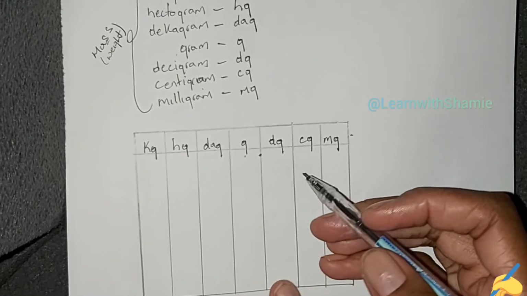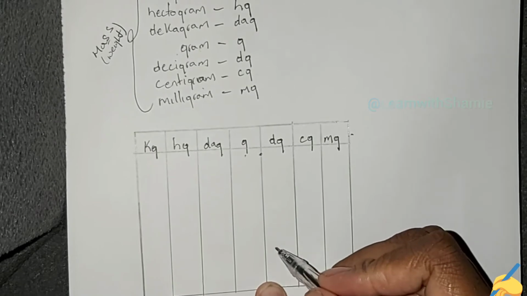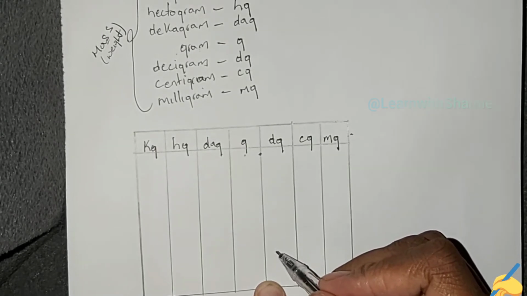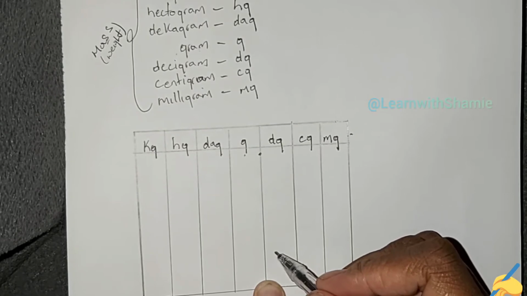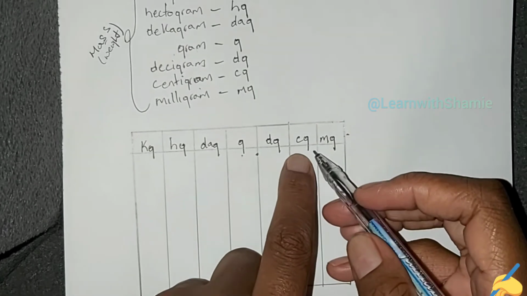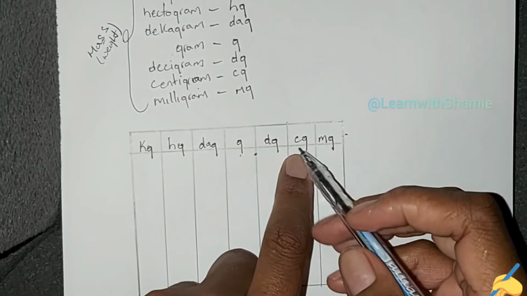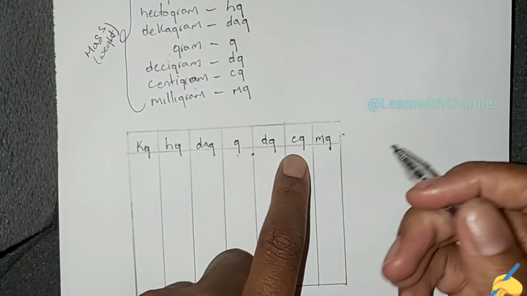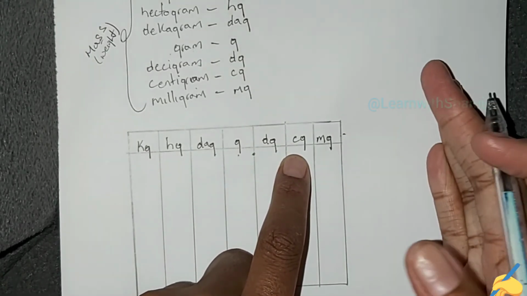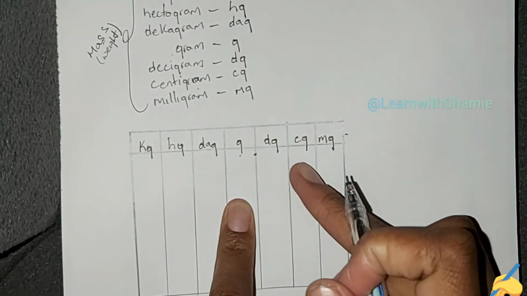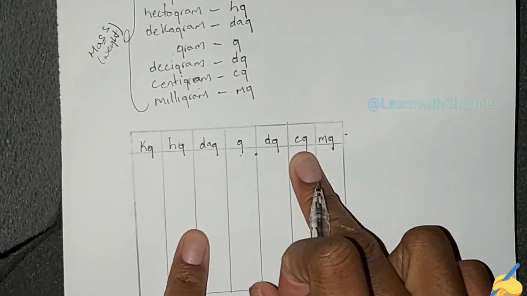Now each unit is 10 times bigger than the unit immediately on its right. So if we say centigram, it is 10 times bigger than milligram, the unit immediately on its right. So you go up, decigram is 10 times bigger than centigram.